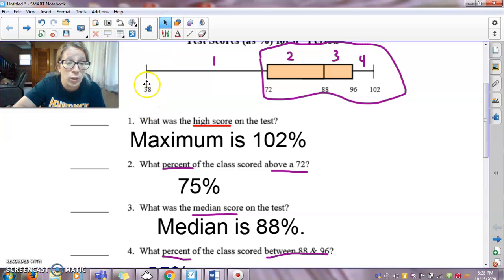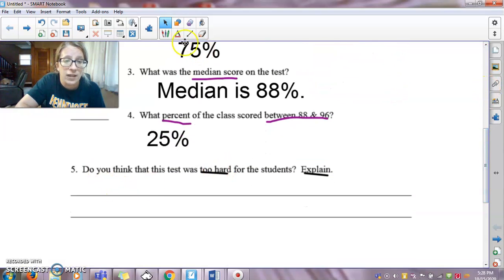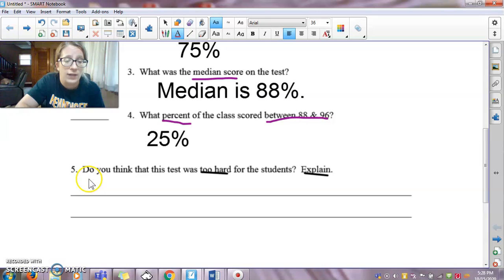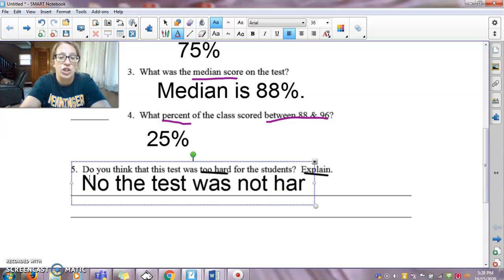It was hard for this one person, but most of my class, my kids in 6th period, seem to have done quite well. So in response to question number 5, no, the test was not hard. That gives me only 1 point because I answered the one question. I did not explain my reasoning.